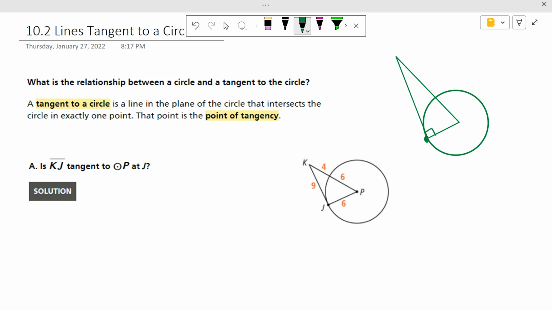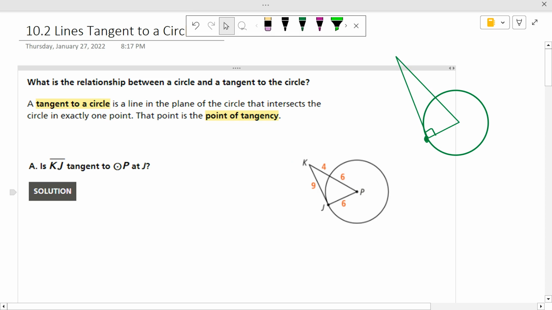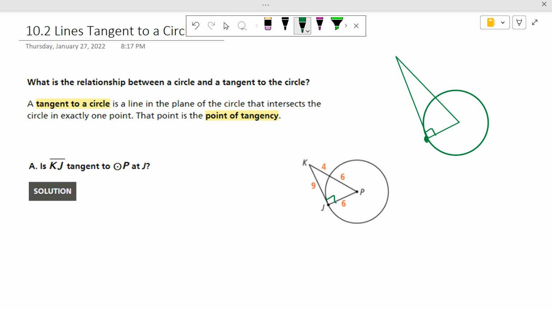So, what this question is asking is, is KJ tangent to the circle? To be tangent to the circle, it has to make a right angle there. If it's going to make a right angle, it has to form a right triangle. So, one side is 6, one side is 9, the other side is 10.